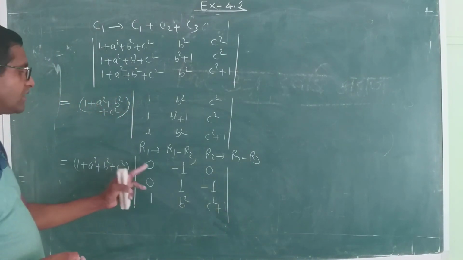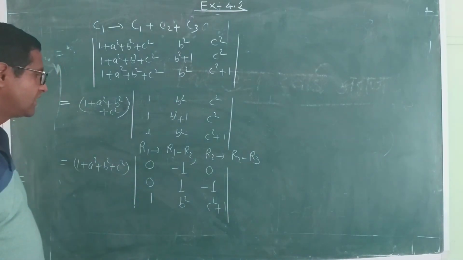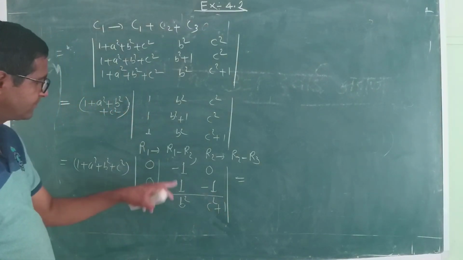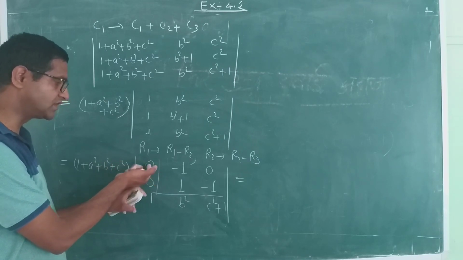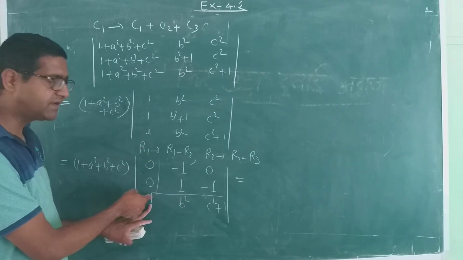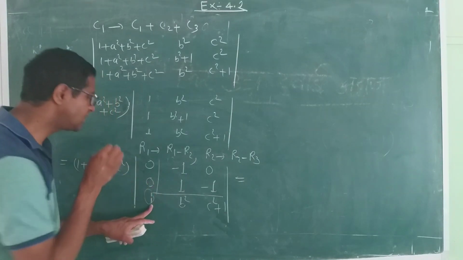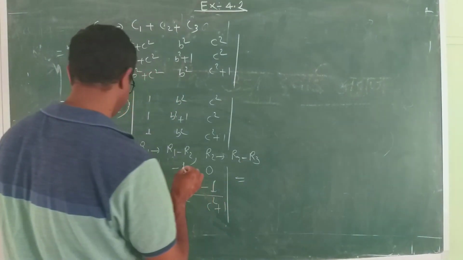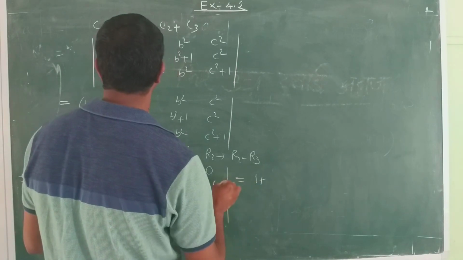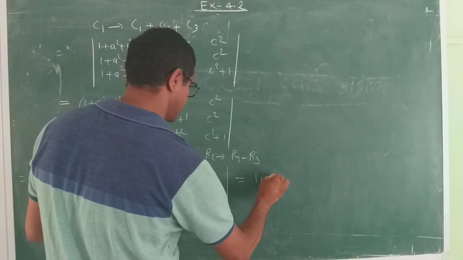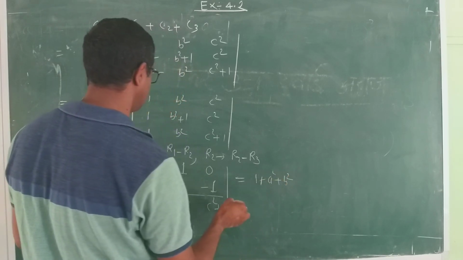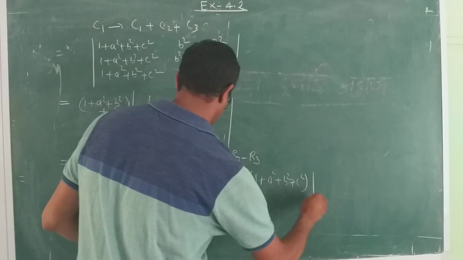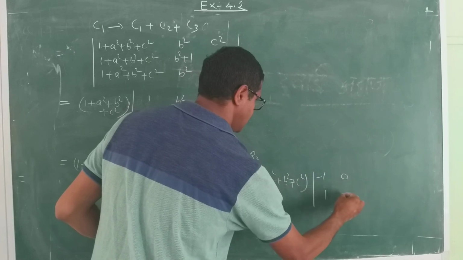Now expand with respect to the first column, plus minus plus. No need to expand with respect to the zero entries, so we only expand with respect to the third row of the first column. After this, you will get 1 plus a square plus b square plus c square times the determinant with rows minus 1, 1 and 0, minus 1.